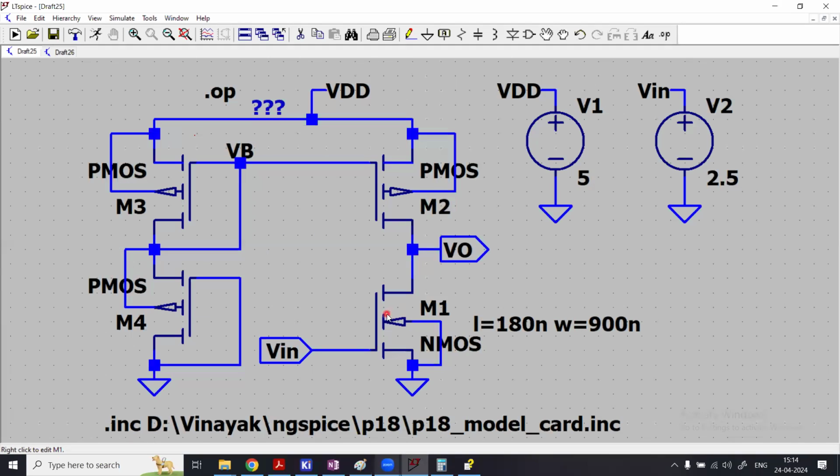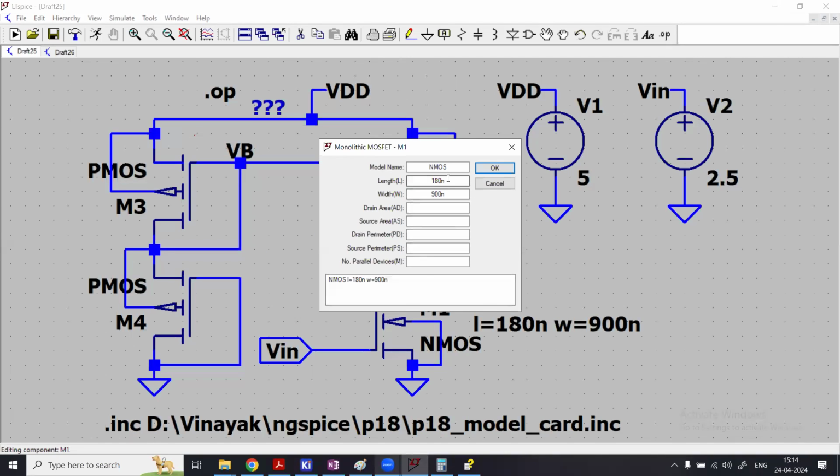So I have chosen this right here after right clicking it. So you see that I have just put in the values of L and W for NMOS. Then right clicking here, I have chosen 180 and 1800 here. So I have chosen the W of PMOS to be twice the W of NMOS.